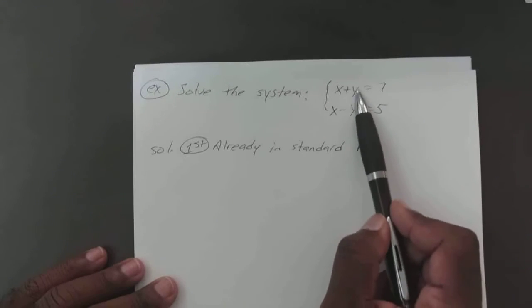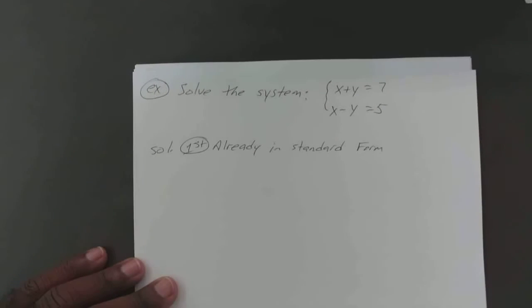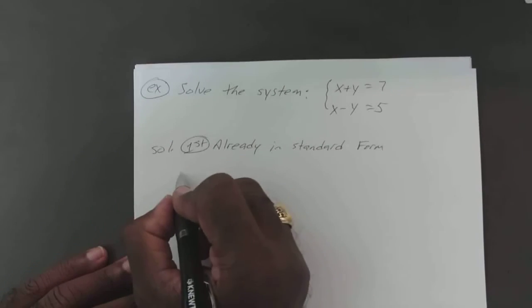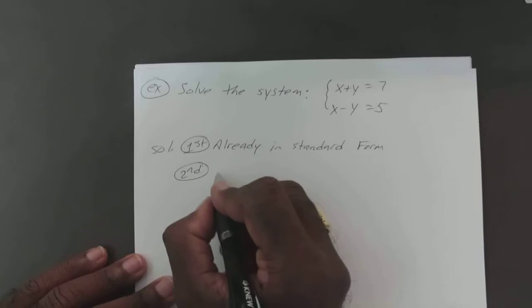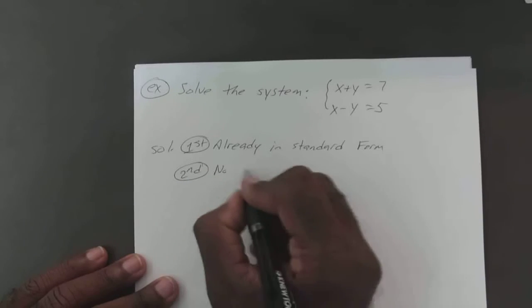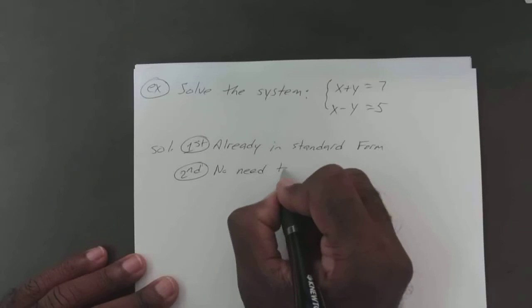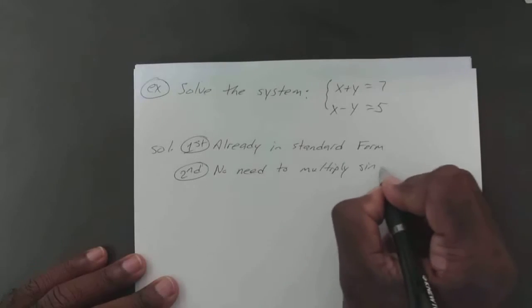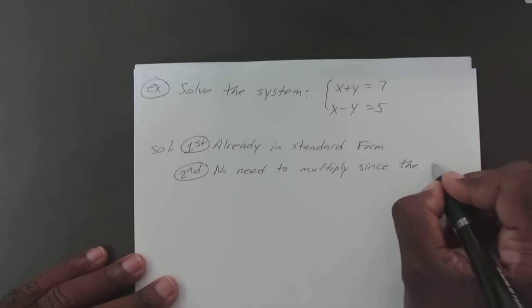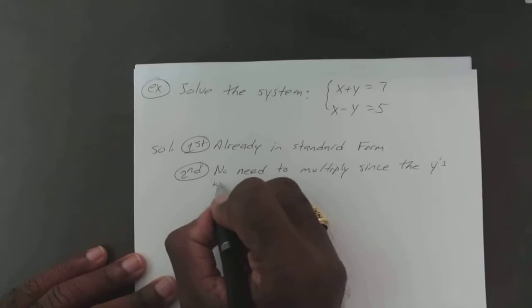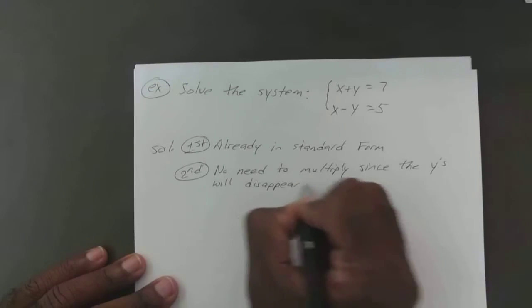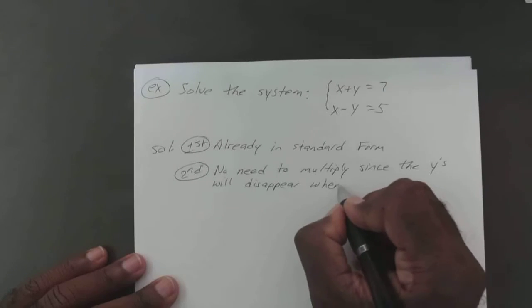So if you add these two together, the y's would disappear, which is really all you want. You want one of the variables to disappear. So you don't have to multiply by anything, since the y's will disappear when added.